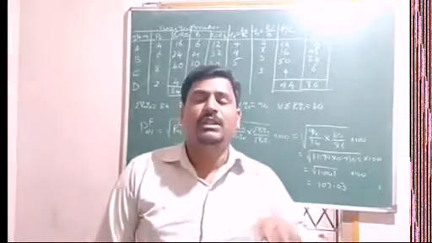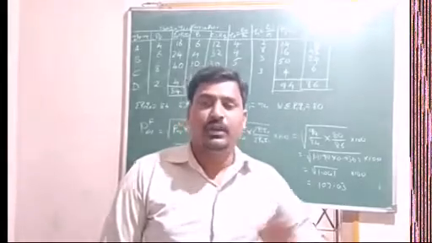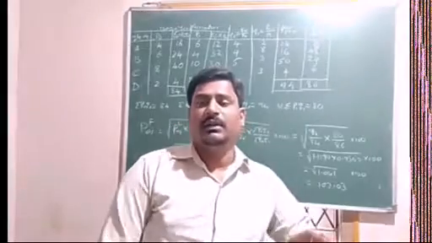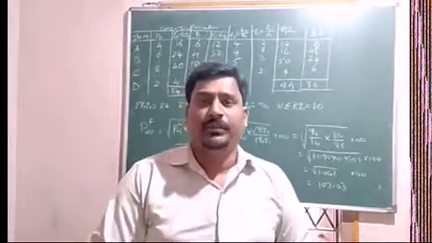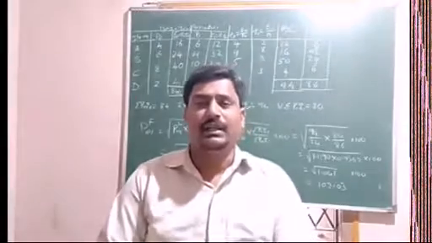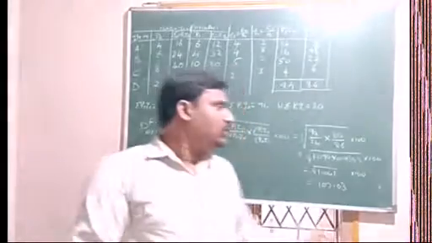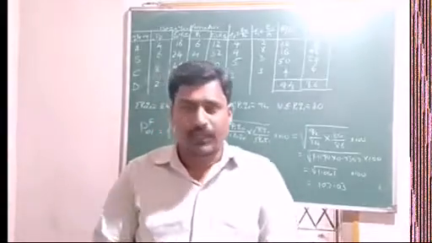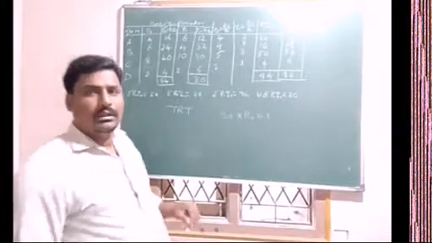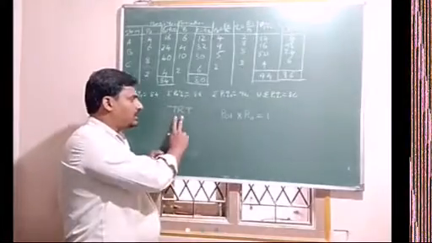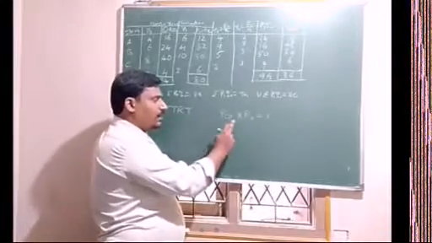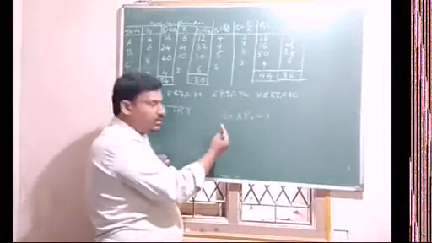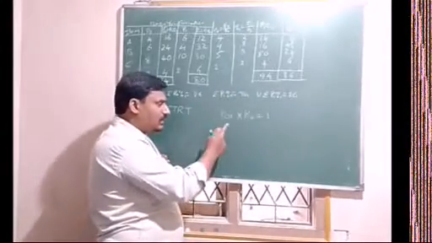That much only they will ask. For 10 marks, how much is required? That much they will ask here. So direct question, direct answer. Find the Fisher index number using this formula. Understood?